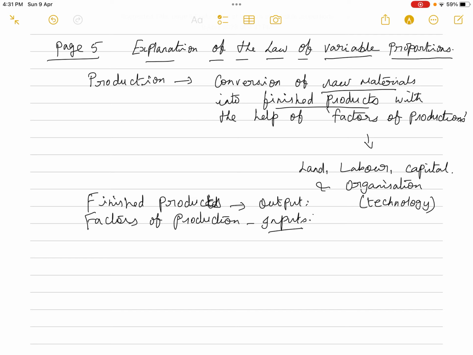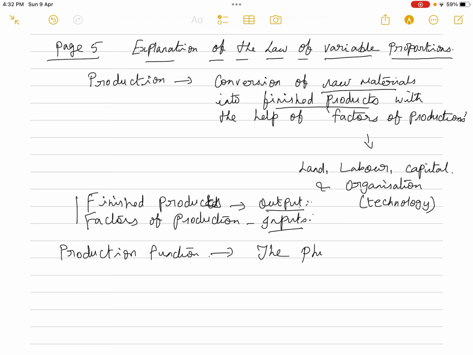Now you can see that there is a relation between inputs and output. If the quantity of inputs increases, the quantity of output will also increase. If the factors of production are efficient, the quality of output turned out will also be efficient. This relationship between the input and output is known as the production function.